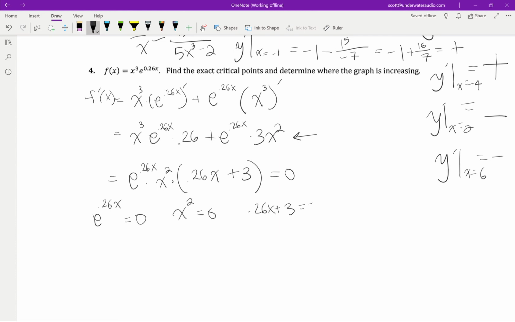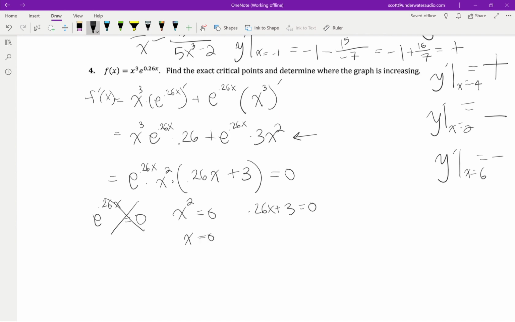The first thing I'm noticing is that e to a power is never going to equal 0. It's 2.718 and so on, multiplied by itself multiple times. So I'm never going to get something 0 or negative, so that has no solutions. The solution to x squared is just x equals 0.